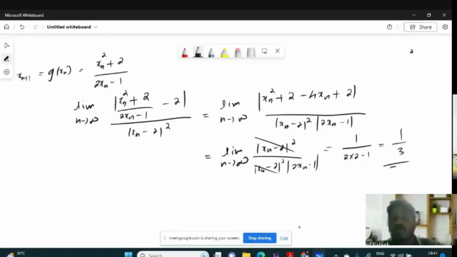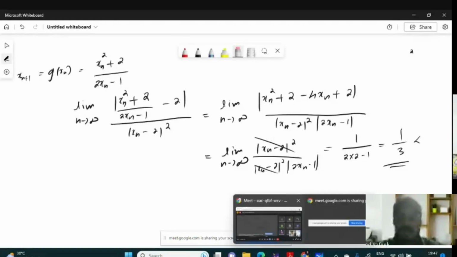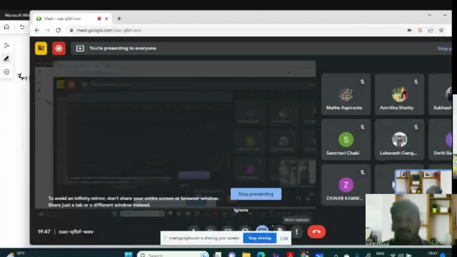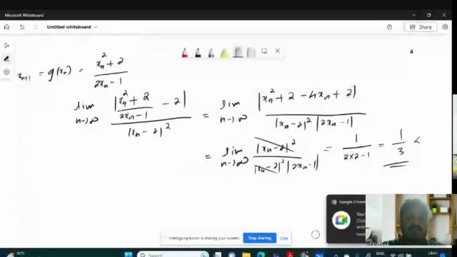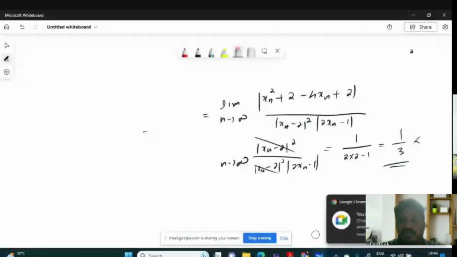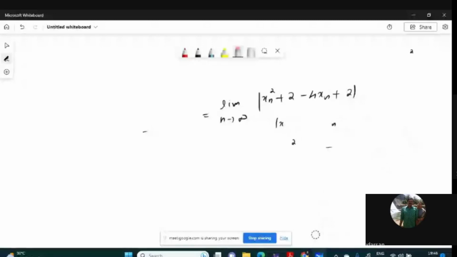It's a finite value. So this is correct. So this is the option. Am I right? Is it clear now? Just understand that formula. That is enough. Clear? Yes, sir.